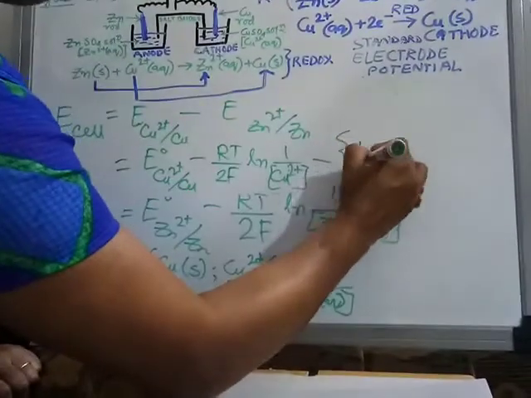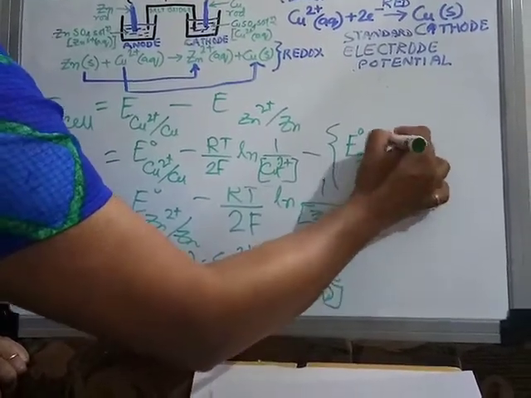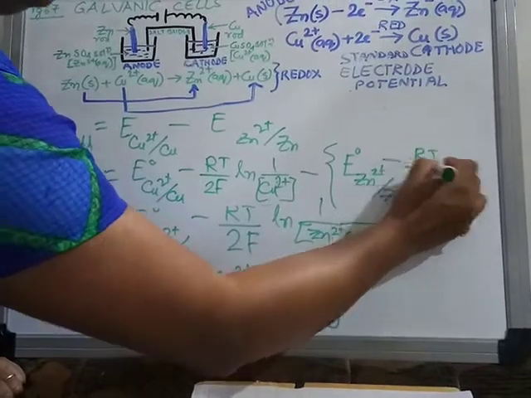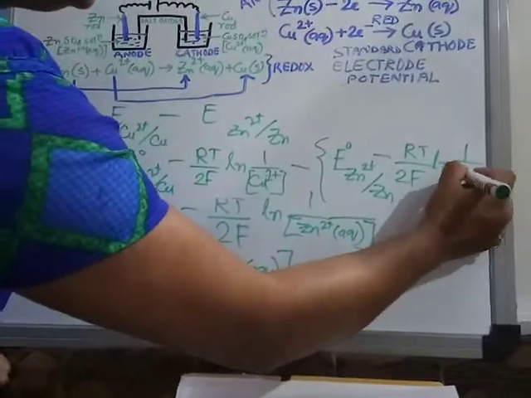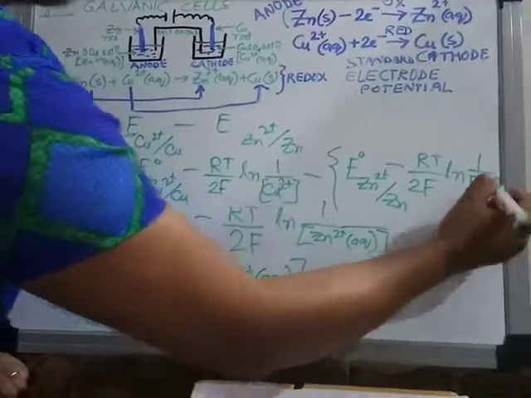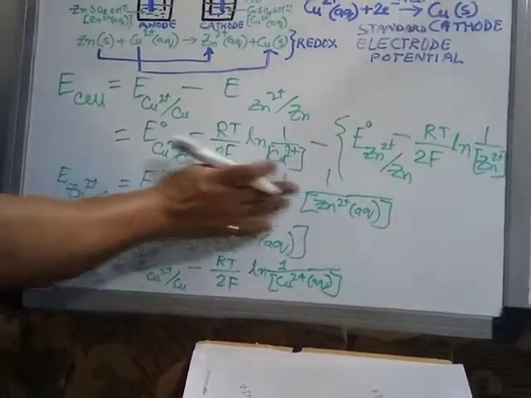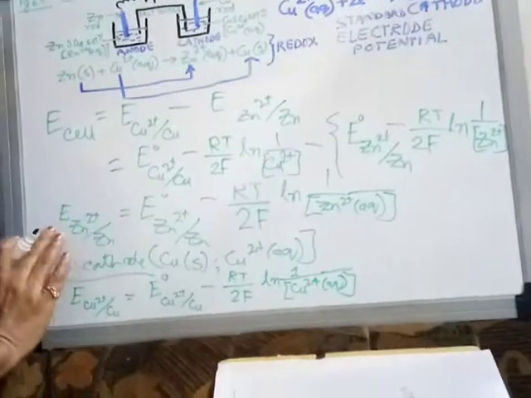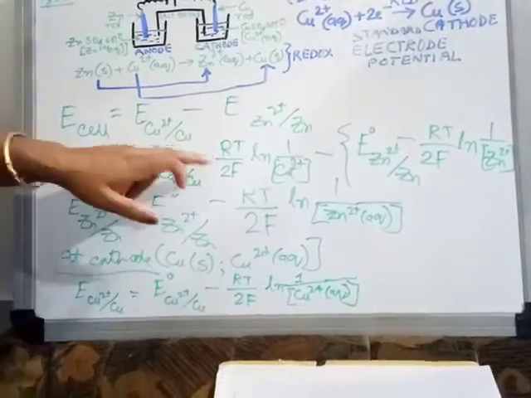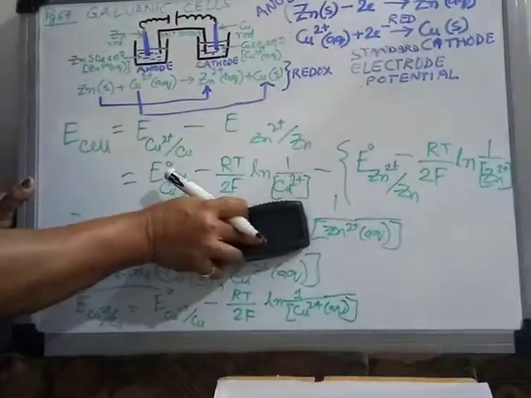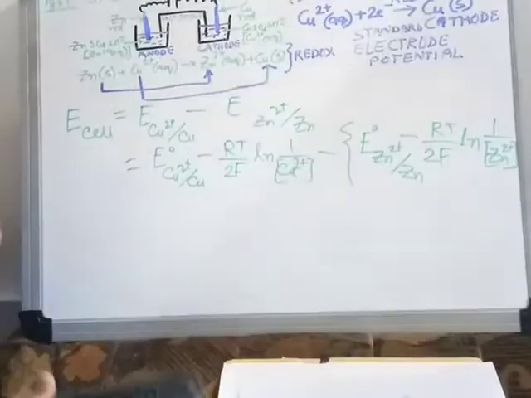It is E0 Zn2+ | Zn minus RT by 2F ln of 1 by concentration of Zn2+. I hope you have understood. Using the Nernst equation, we have substituted the values of E Zn2+ | Zn and E Cu2+ | Cu out here. This is how it looks.